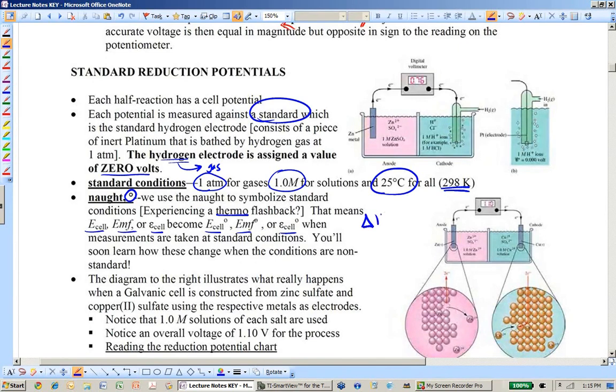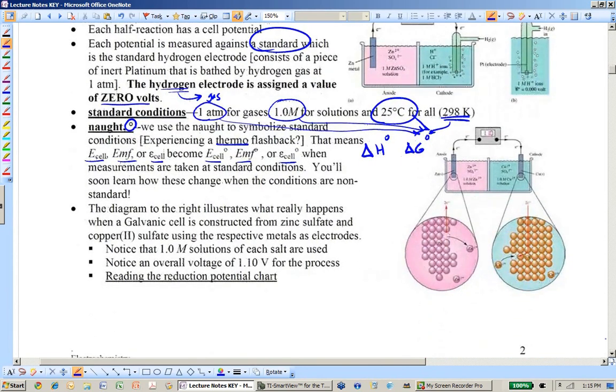Then you may have seen delta H or delta G, and we can do the same with them, but only use the naught if you mean it. If you mean 298, 25 degrees Celsius, same thing, 1 atmosphere of pressure or 1 molar concentrations of a gas. So that naught can actually be your friend when you're wondering, what's the temperature? Oh yeah, 298. What's the concentration? Oh yeah, 1 molar.